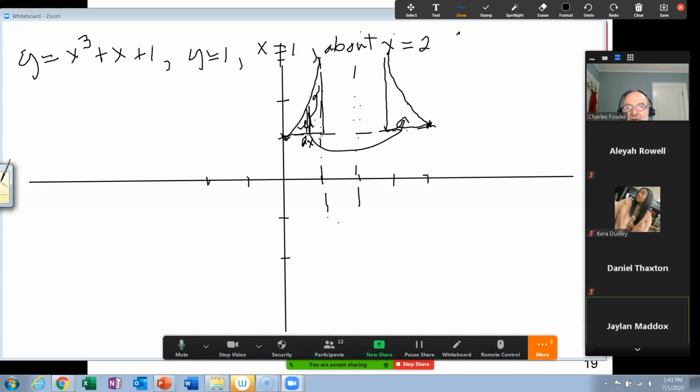Okay. Now, obviously, you're going to make a disk as you go around, follow that curve around there. So what's the height? The height is this thing minus 1, because your height is going from here, where your y is equal to x cubed plus x plus 1, to down here where y is equal to 1.